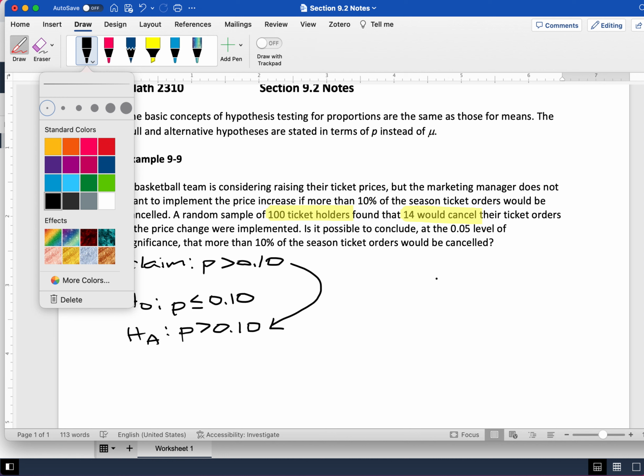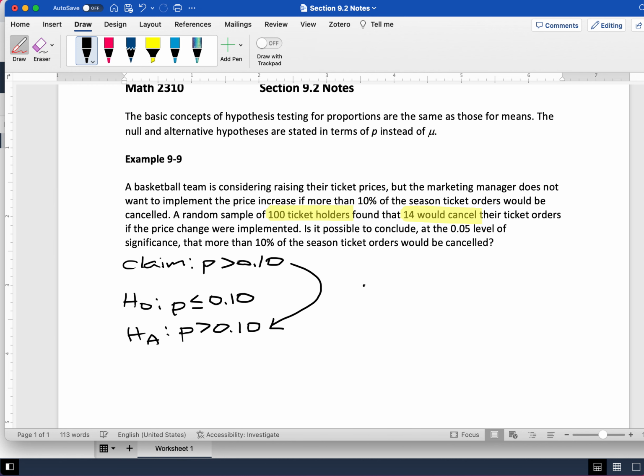And when I'm determining whether to reject or fail to reject the null hypothesis, I'm comparing the p-value to the alpha, or the significance level in the problem, and that is 0.05. So the question that I need to ask is: is the p-value less than alpha?